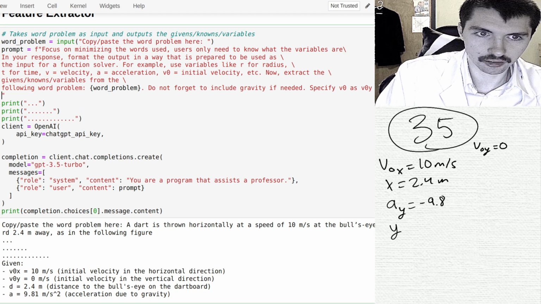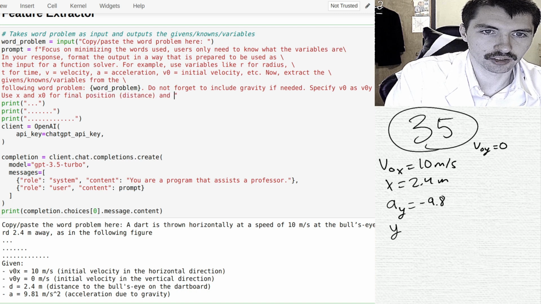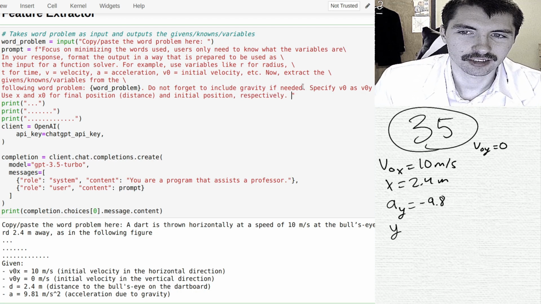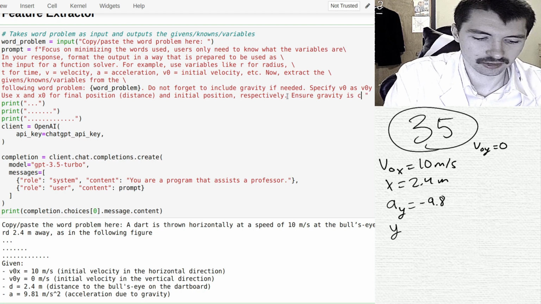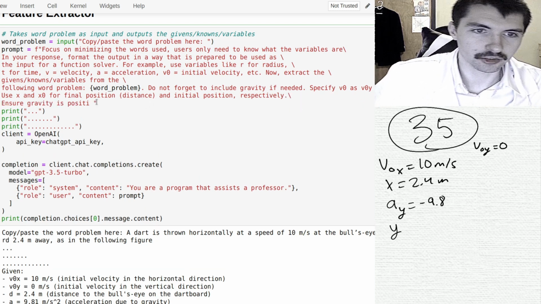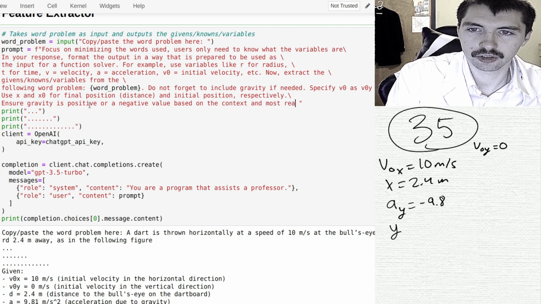Okay. And I wanted to use x and x naught, and they're using... ensure gravity is positive or a negative value based on the context and most reasonable.